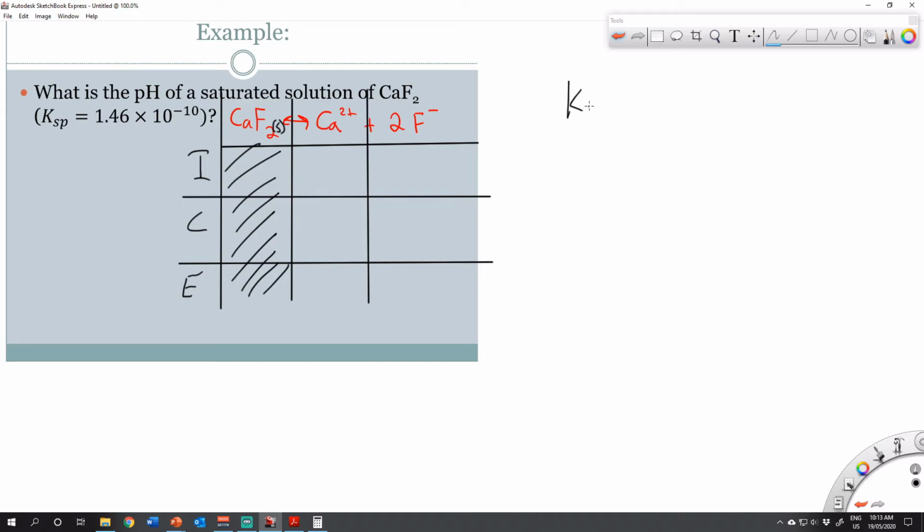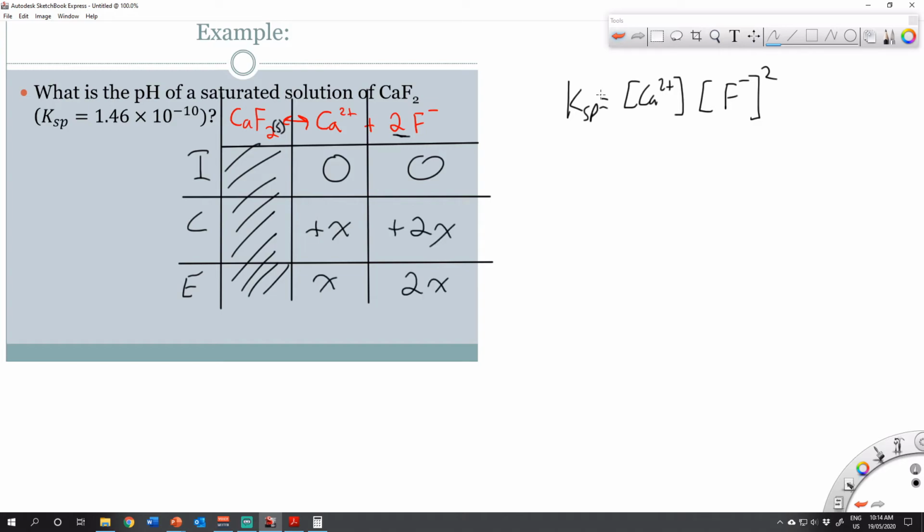Our Ksp equation is basically just the concentration of Ca2+ times the concentration of F minus, but because there's two of them, this will be squared. So we know that at the beginning, there's none of the ions. They will gain.